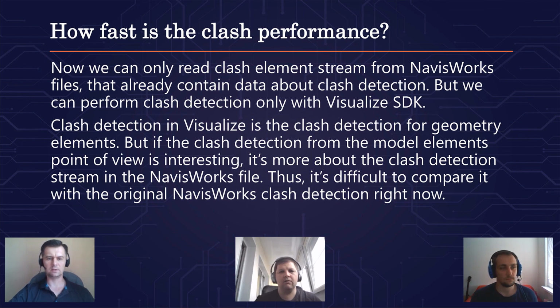Thus, it's difficult to compare it with the original Navisworks clash detection right now. By the way, we plan to support clash detection via the Visualize SDK and saving to the Navisworks file in the future, and it can be planned for next year.